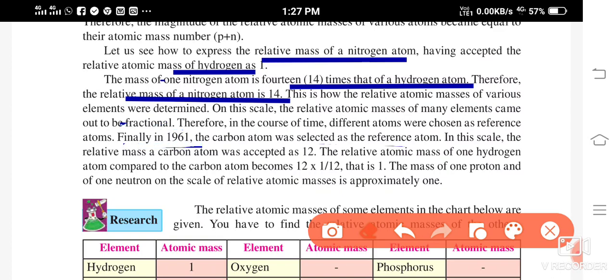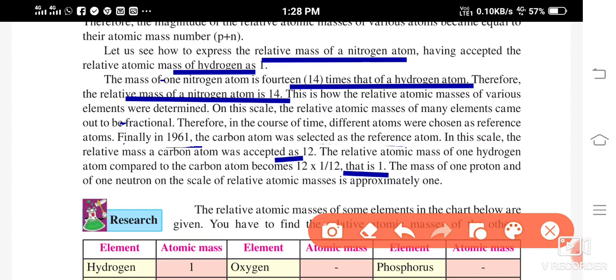On this scale, the relative mass of carbon was accepted as 12. The relative atomic mass of one hydrogen atom compared to the carbon atom became 12 into 1 by 12, that is 1.